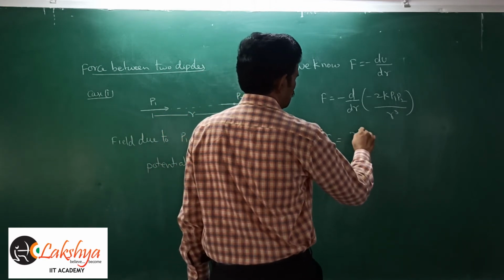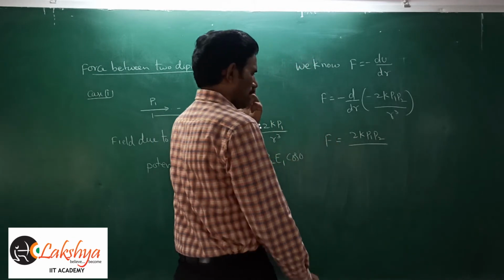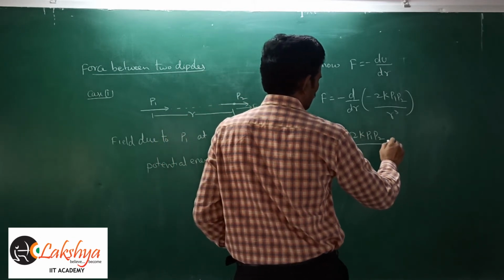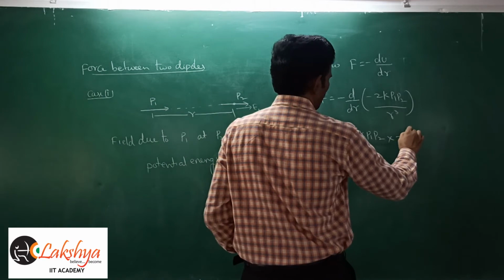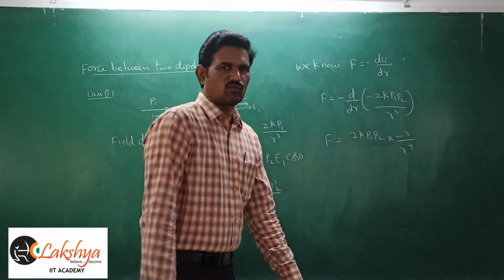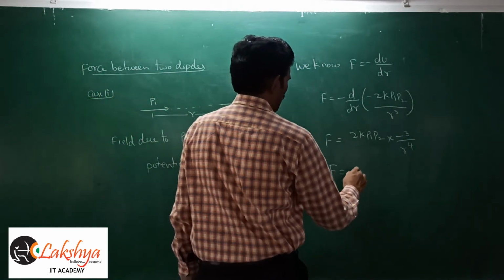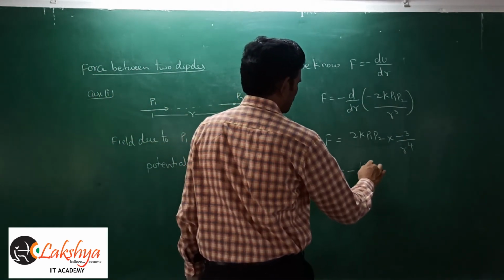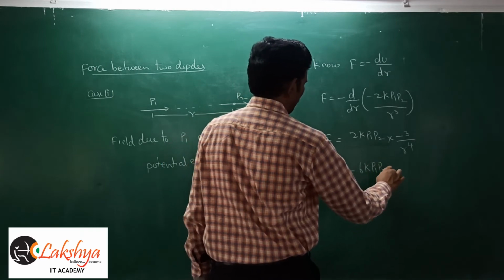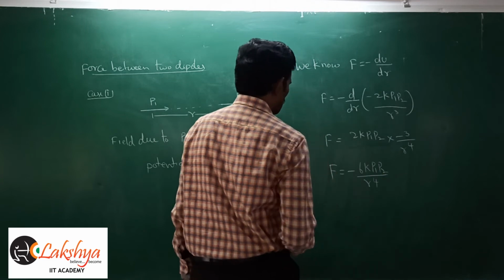Its differentiation gives minus 3 by r power 4, and therefore F is equal to minus 6kP1P2 by r power 4. So this is the force between those two dipoles.